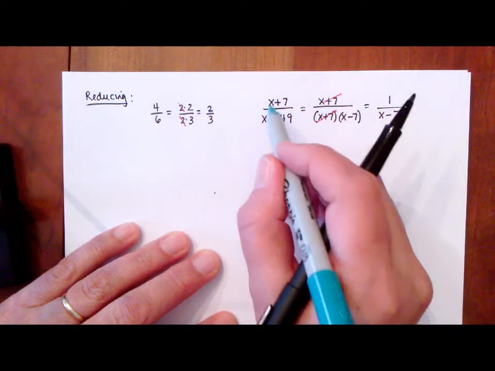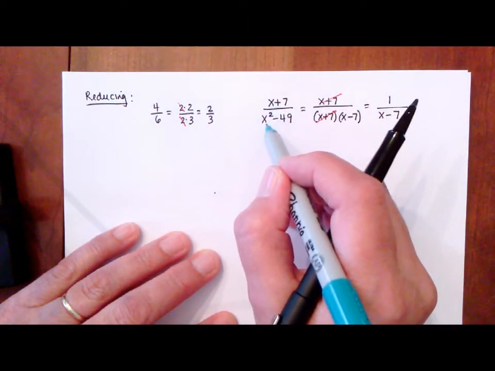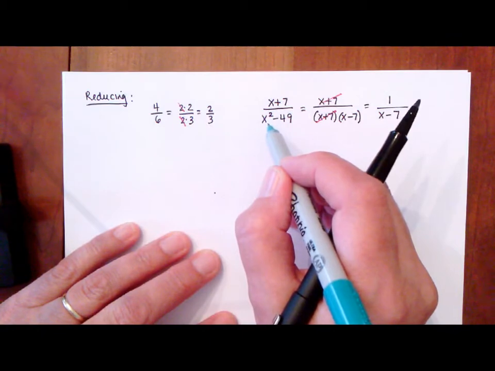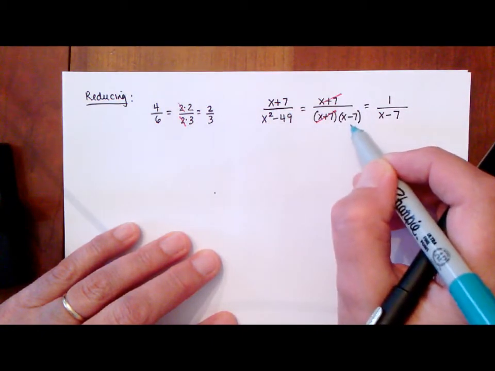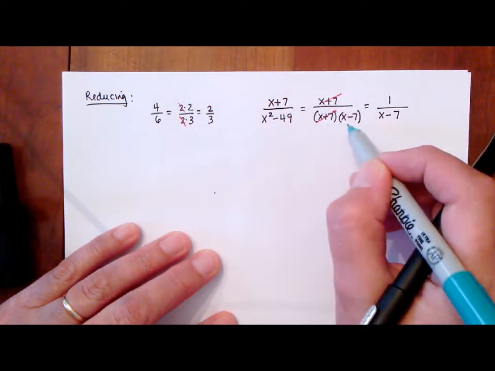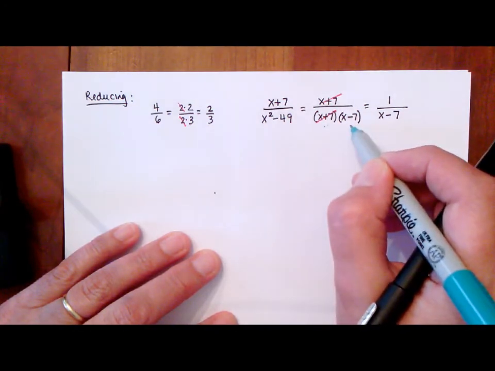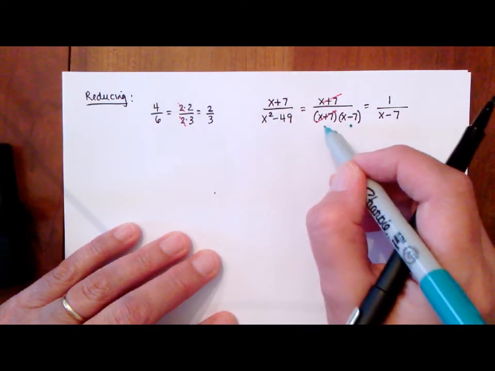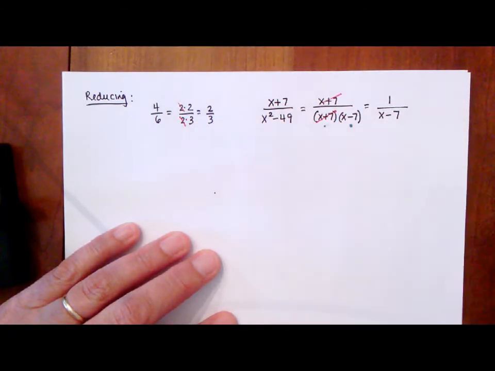Sometimes students will try to cross out an x here and one of the x's here, but that's not dividing. We have to make sure that we have factored and then that we are dividing out common factors. Factors are things that are multiplied, so x plus 7 times x minus 7, those things are being multiplied, and so I can divide out the x plus 7 and be left with x minus 7.